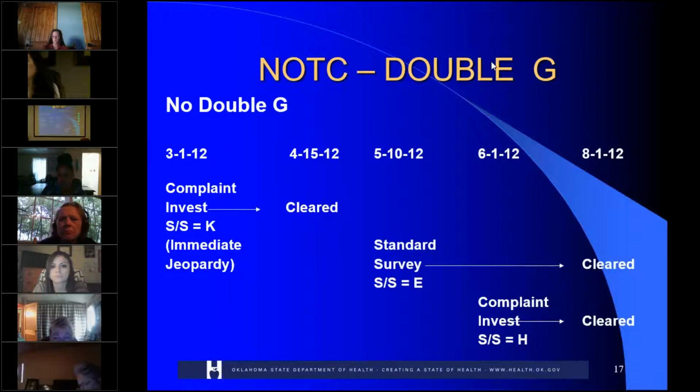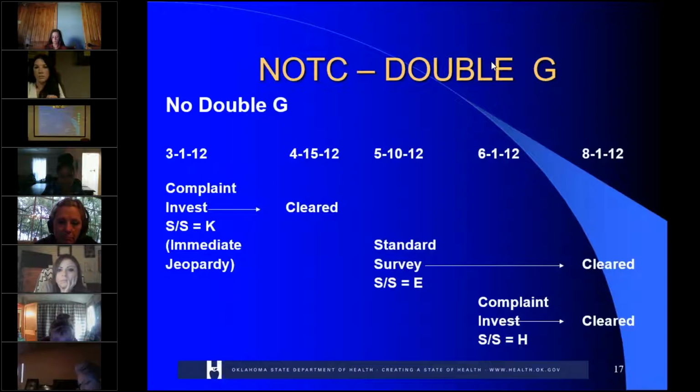Yeah, it's looking crazy. Okay, so here's a situation that does not have a double G. We went out and did a complaint in March with the scope and severity of a case, so they had an immediate jeopardy. We went back in April, on April 15th, and it cleared. In May, we went out for a standard survey.